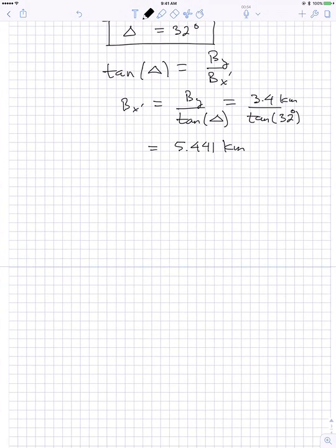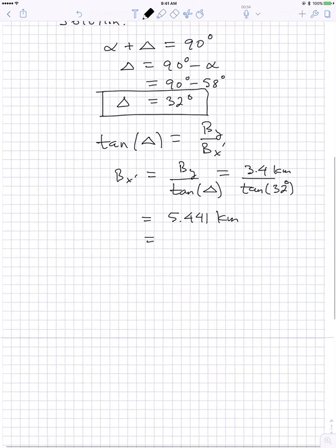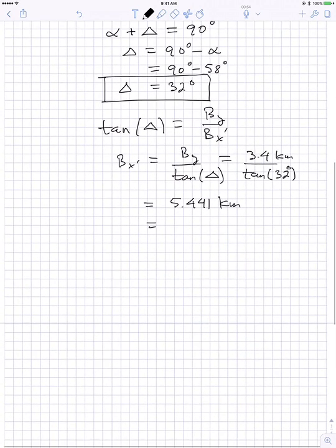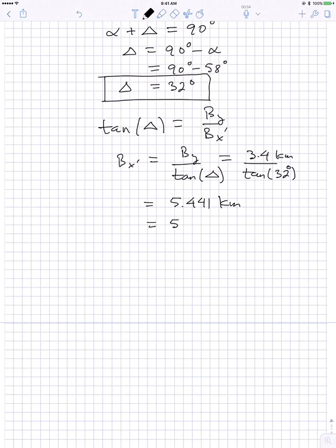We're going to use two significant digits because that's what we see in the problem statement. So bx prime would be 5.4 kilometers. Put a box around it. Right, a little easier. But you got it.